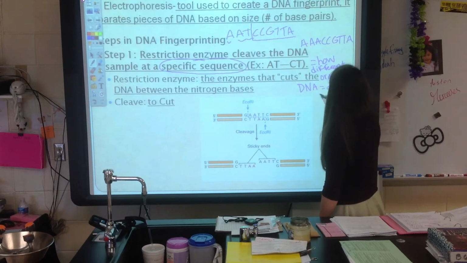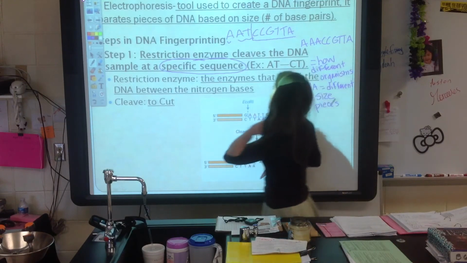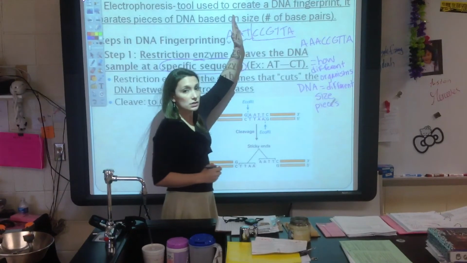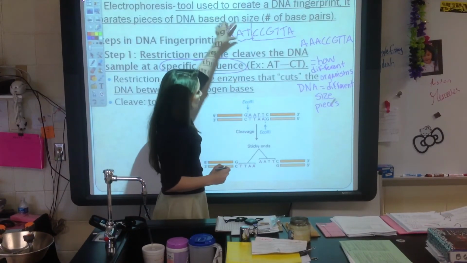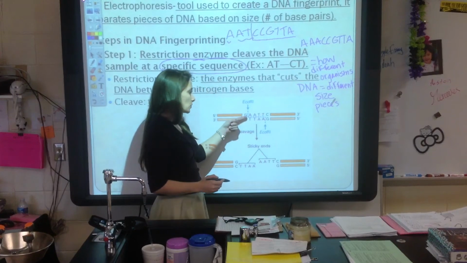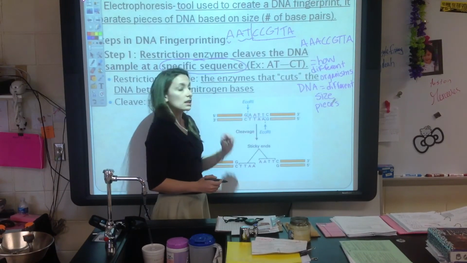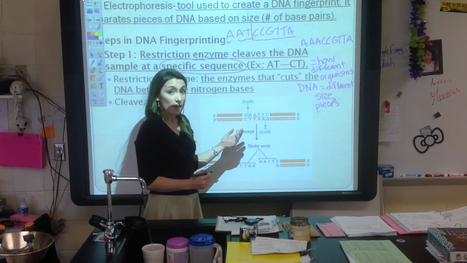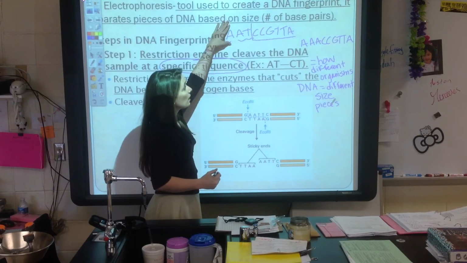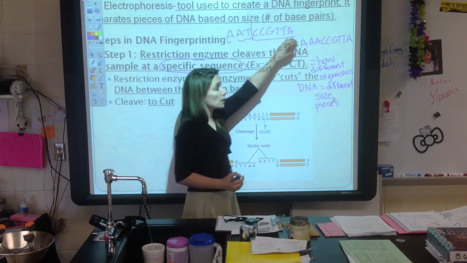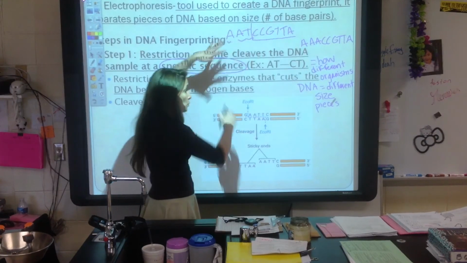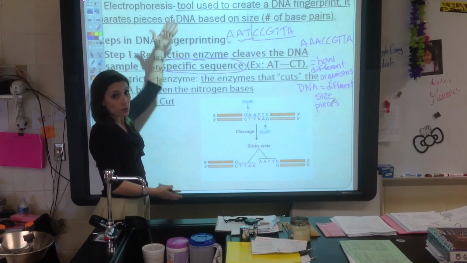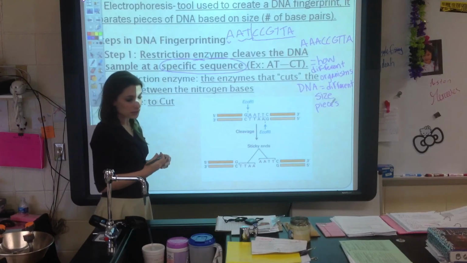Different size pieces. Because that enzyme cuts at only exactly certain spots. If your DNA doesn't exactly match up, if yours wasn't GAATTC but instead it was GGATTC, it wouldn't get cut there. So mine might get cut into two pieces, yours might not get cut at all, and then when we create the DNA fingerprint, we'll be able to see the differences there.